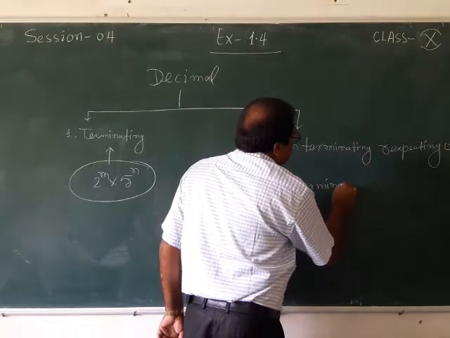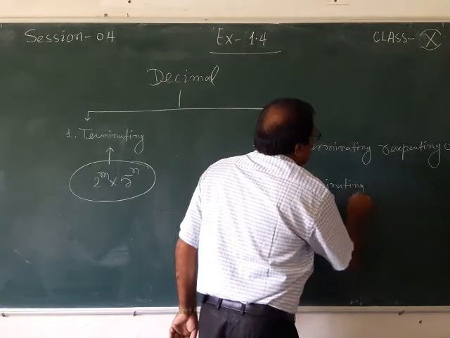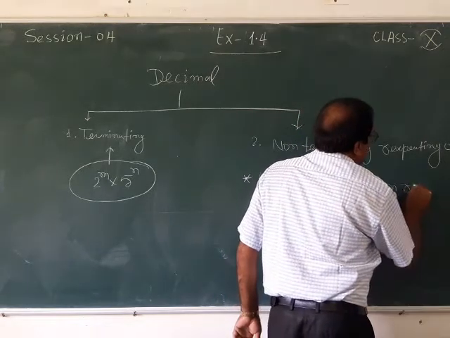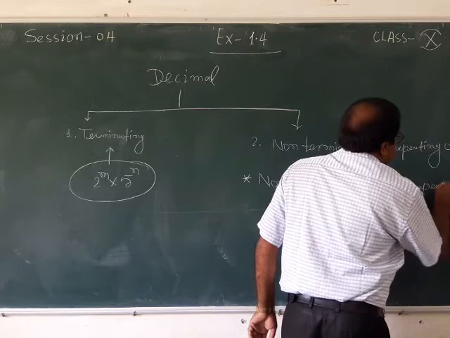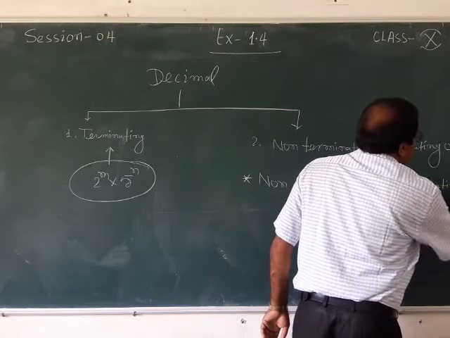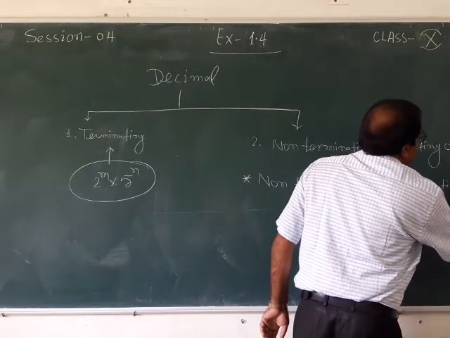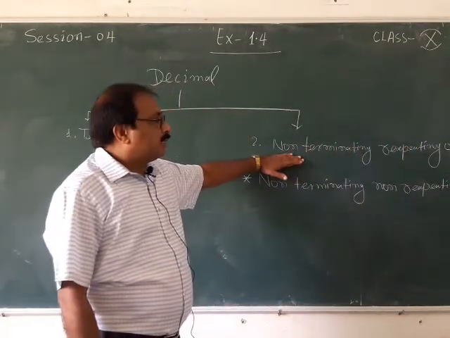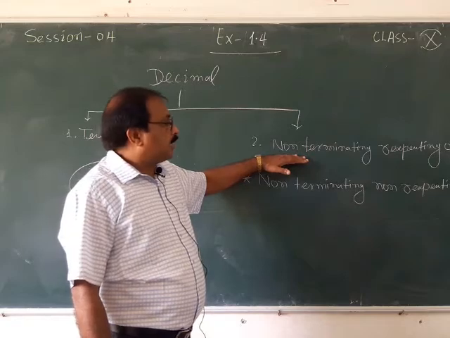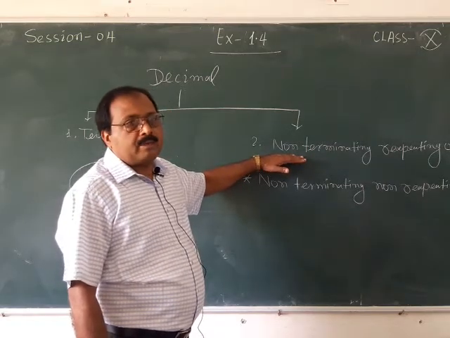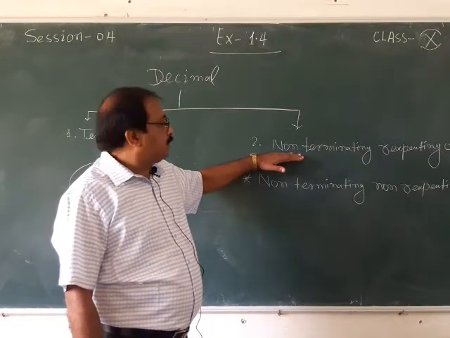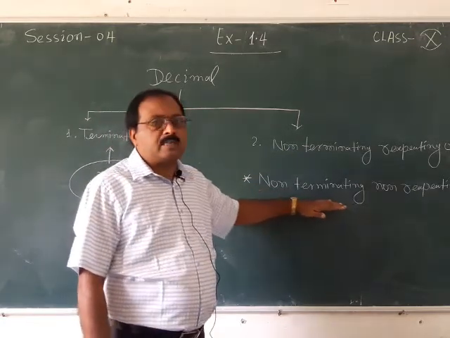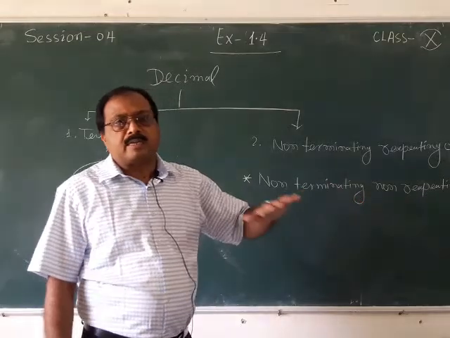Now, if I discuss the non-terminating repeating decimal, you understand that it must possess a recurring sign. But a non-terminating non-repeating decimal does not have any recurring sign.